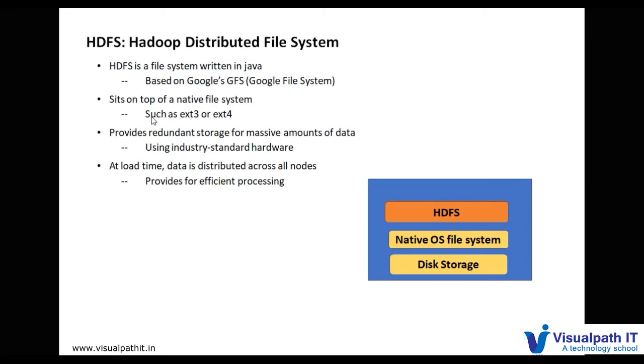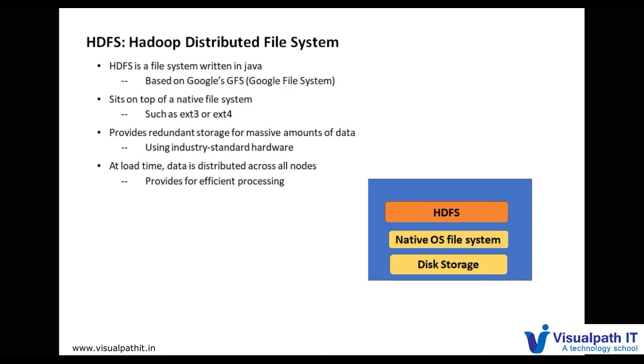This is called ext3 or ext4. On top of the native file system we install Hadoop, our HDFS. So Hadoop is installed on top of the native Linux file system.